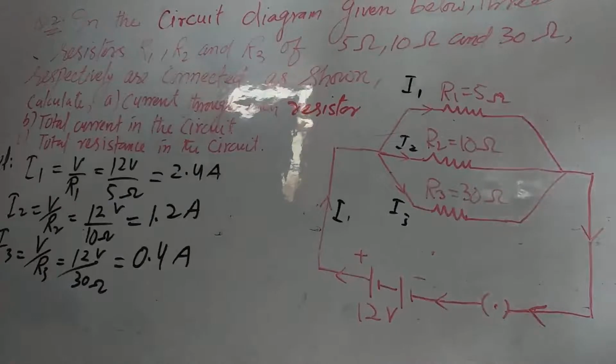So I1 is 2.4 ampere, I2 is 1.2 ampere, and I3 is 0.4 ampere.